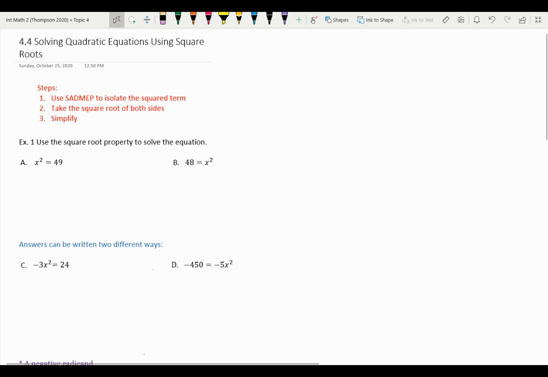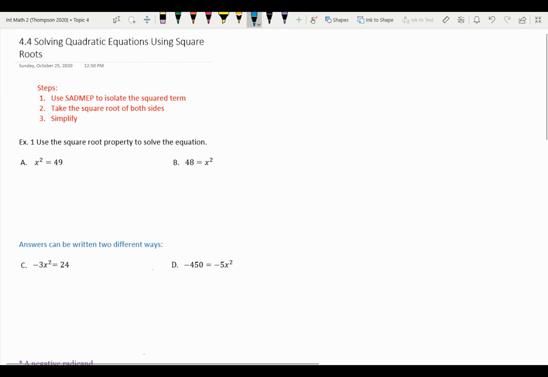So first thing first, my first step here is going to be to isolate the squared term. We're going to do that by using what we know about solving equations. It says right here, use SAD-MEP to isolate the squared term.